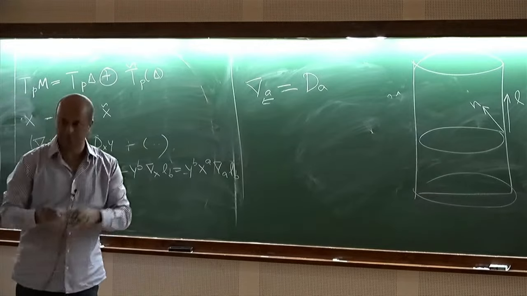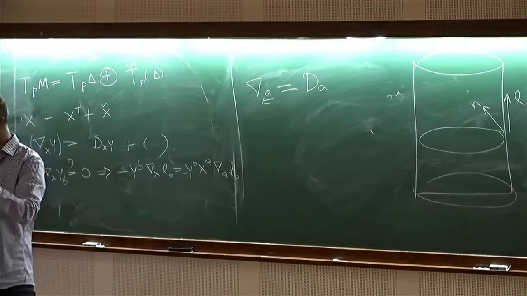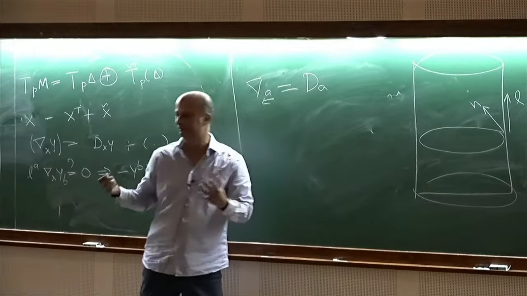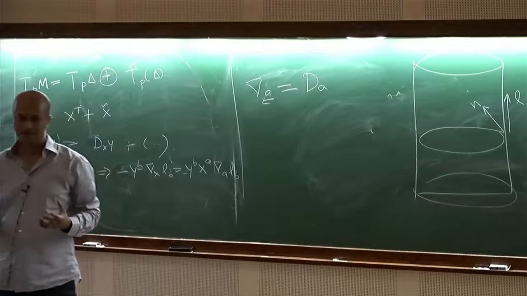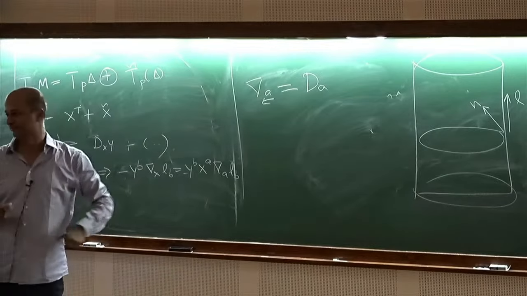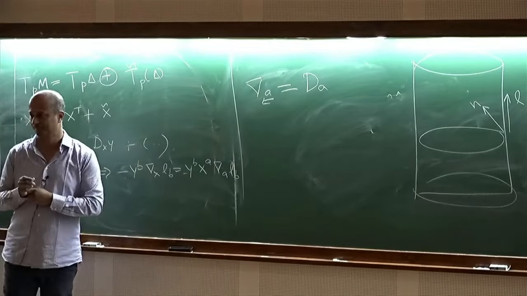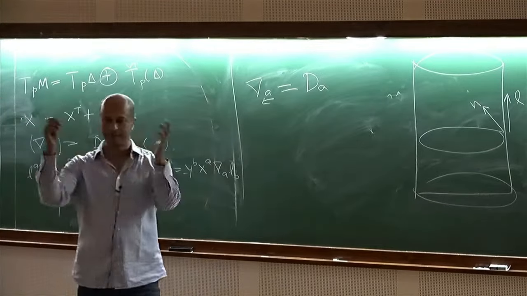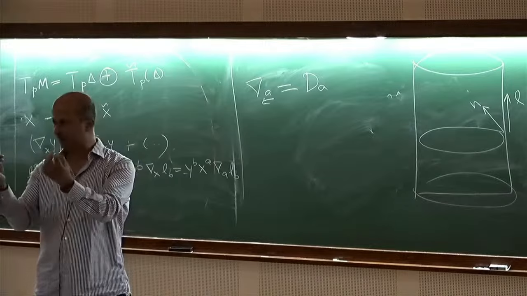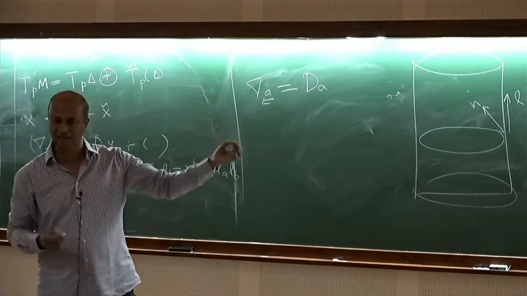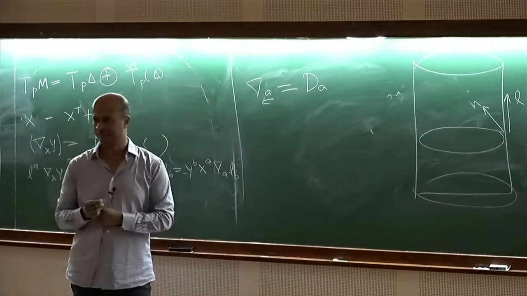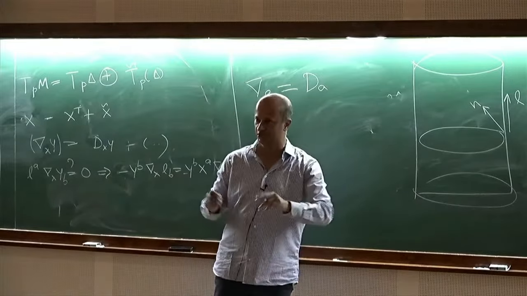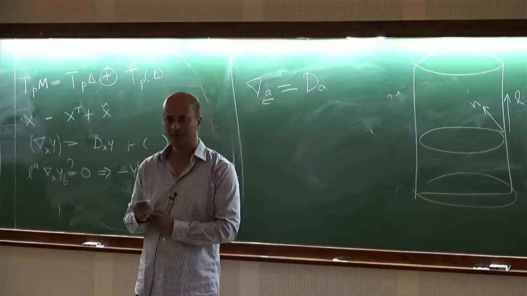So this means that the data on the horizon is not just the two metric, but the part of the connection which is not determined by the metric, which happens in fact to be this omega. Okay? So then the data to be specified on a horizon is not just the metric on the horizon, but the metric and this one-form omega, which is a part of the connection which is along the L direction, which is not determined by the metric.